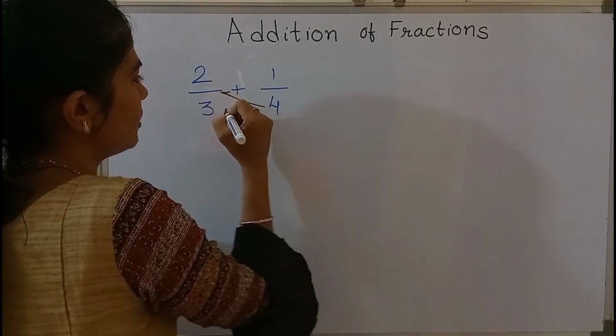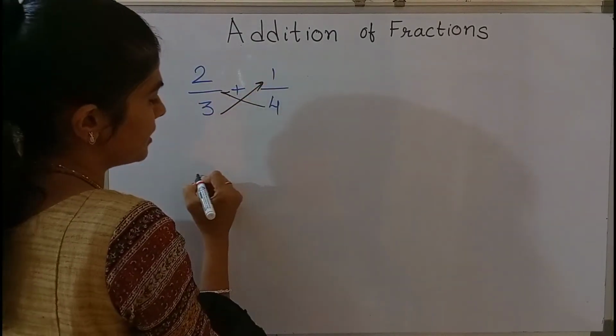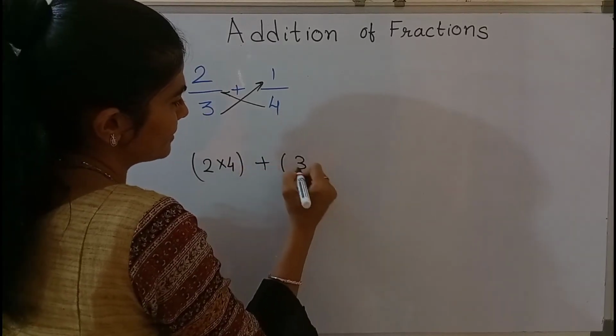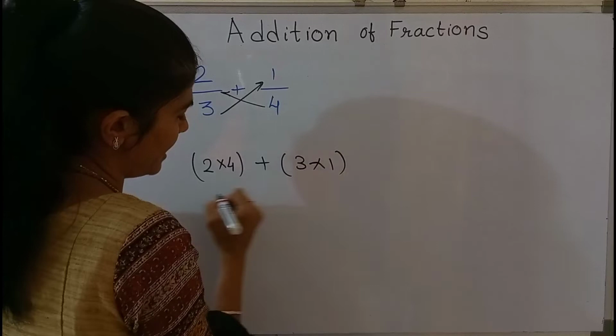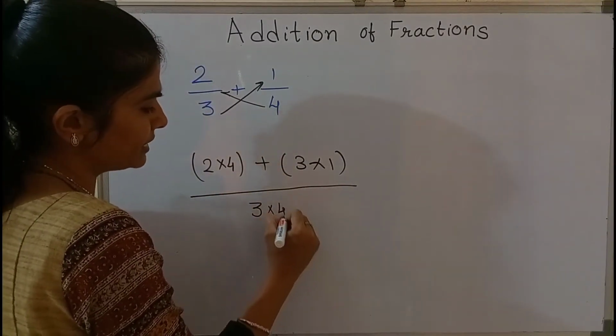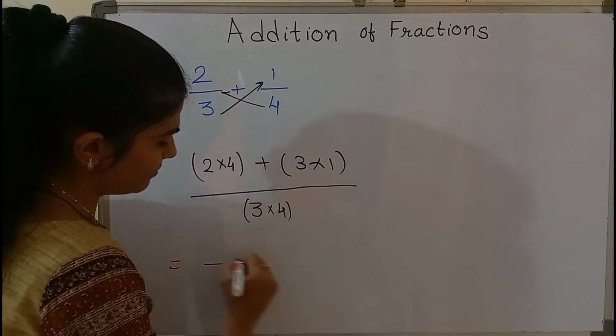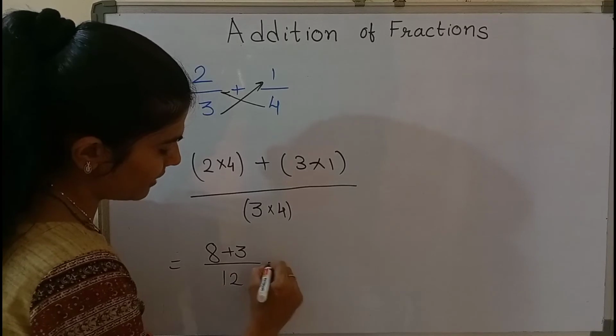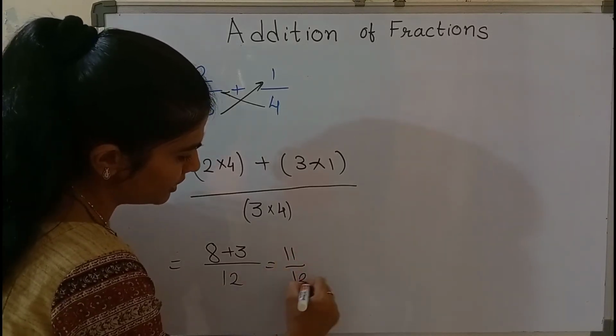This 2 goes with 4 and this goes with this. So it is 2 times 4. Then I'm going to add it. This is 3 times 1. And in the denominator, I will write the product of them, 3 times 4. So my answer is 8 plus 3 over 3 times 4, which is 12. So my answer is 11/12.